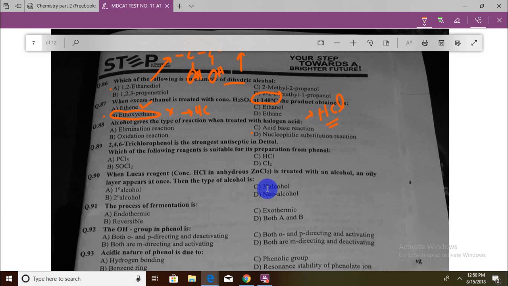What about PCl5, SOCl2, or even HCl? PCl5 and SOCl2 are usually used as reagents in which nucleophilic substitution is required. So I don't think it's a good idea.